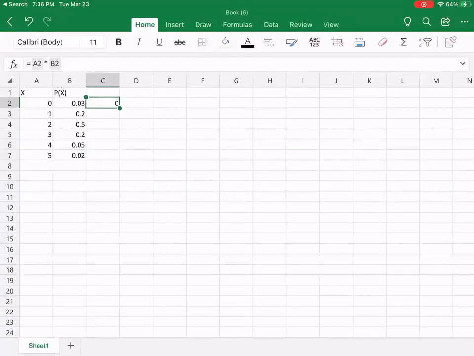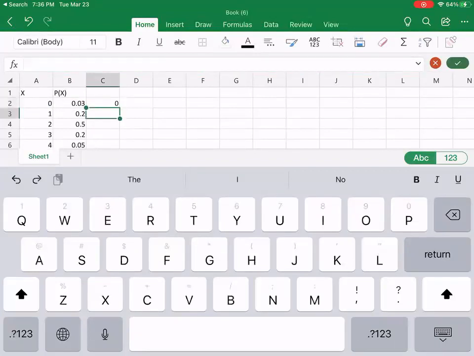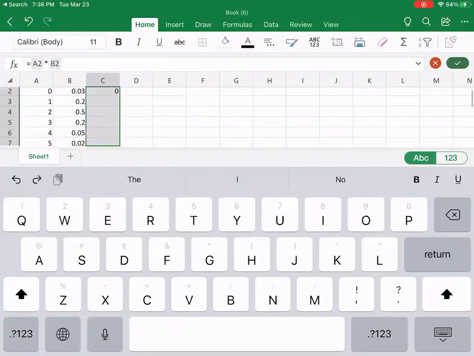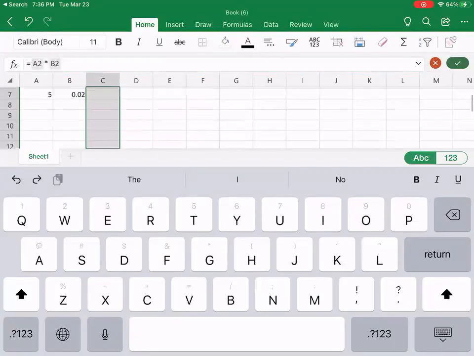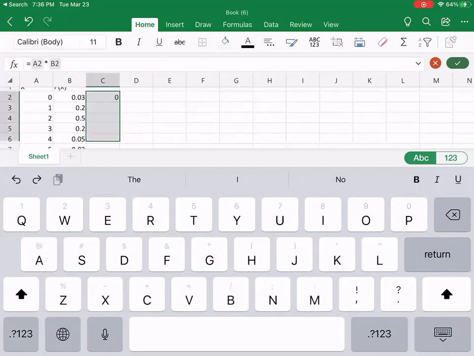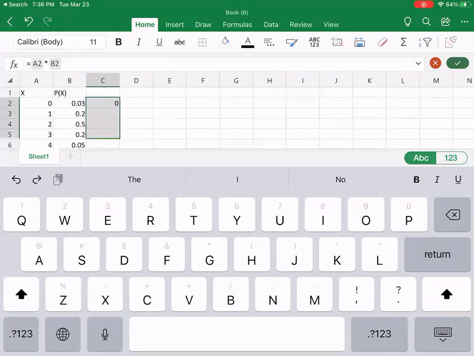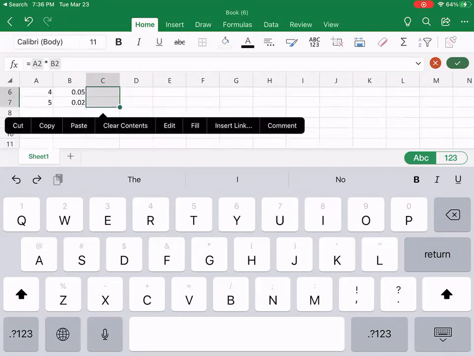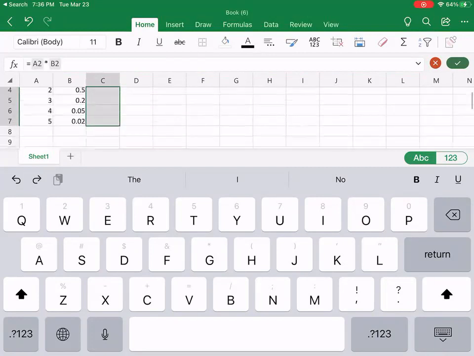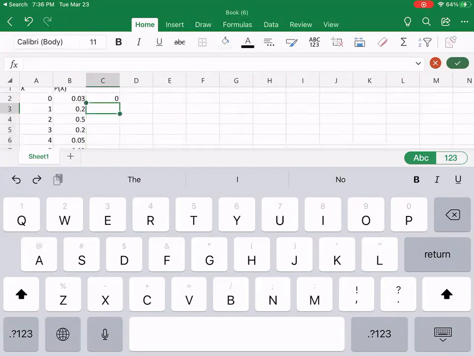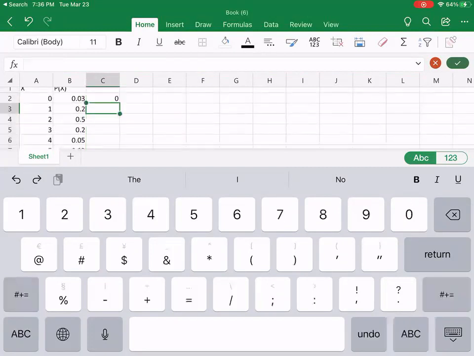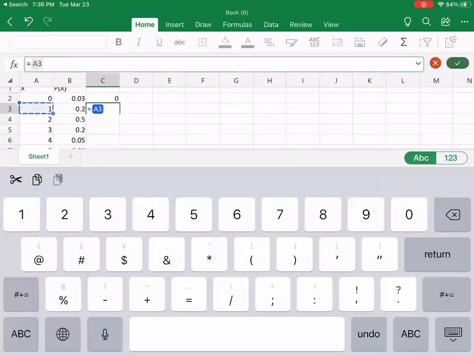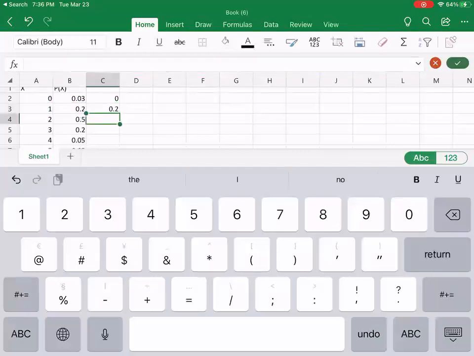That did not do what I wanted it to do. I'm struggling. I gotta do this for every one of them. I am definitely going to my computer in a second.